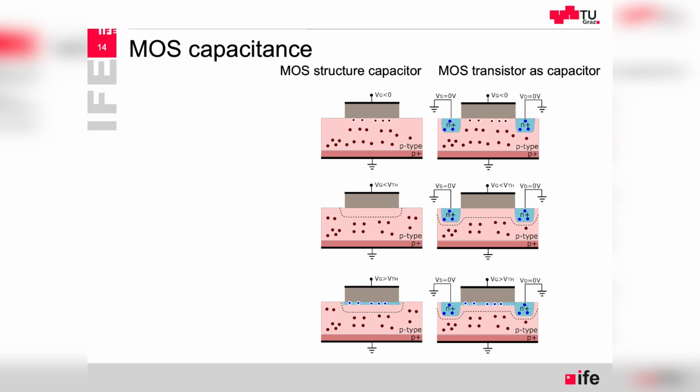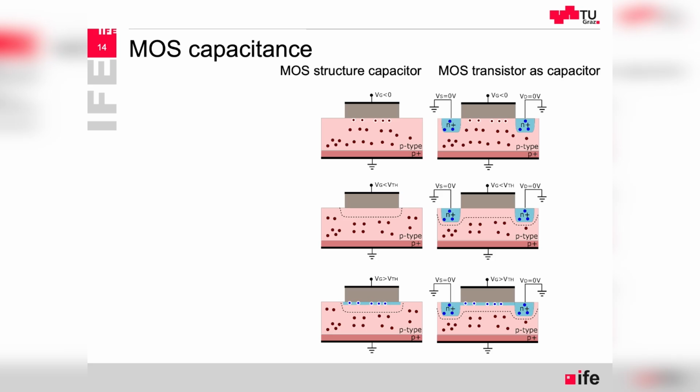And here again, comparing the MOS structure and the MOS transistor structure, what will be the differences from the point of view of the gate terminal in terms of the capacitance. So in both cases, we can consider those 3 steps where first we have the accumulation, so the gate voltage in case of N channel much lower than 0, much lower than bulk in this case, or source.